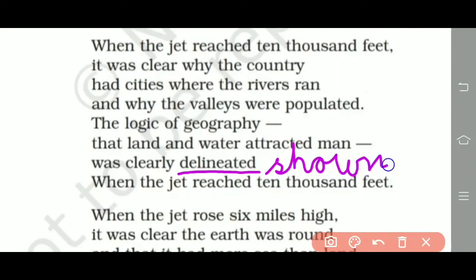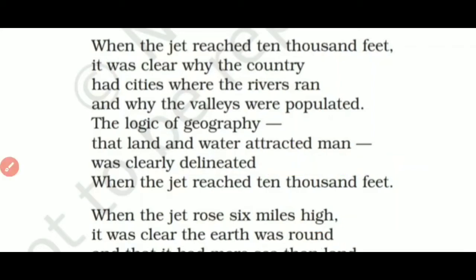It was clear why land and water have always attracted man when the jet reached 10,000 feet. Now, it is the logic of geography. It is a simple thing. We have always studied that in SS, why the river sides are populated, why the valleys are populated. They have more population.